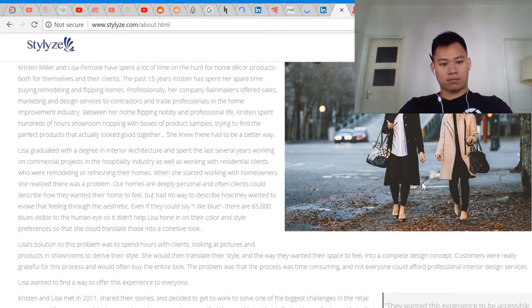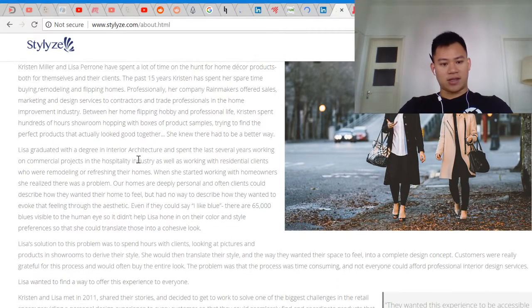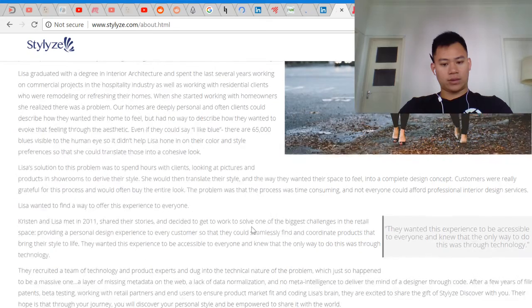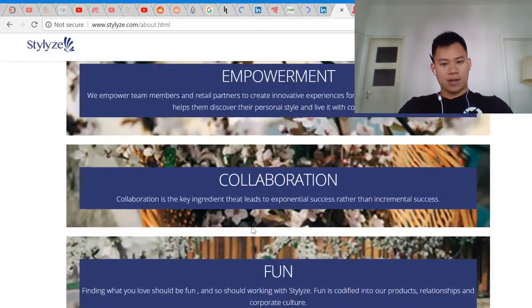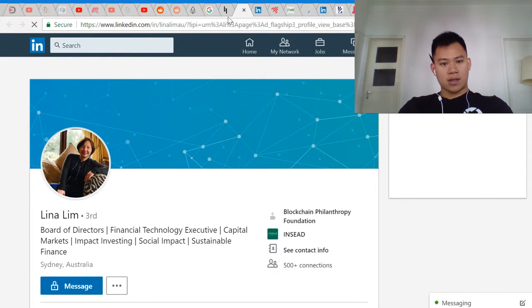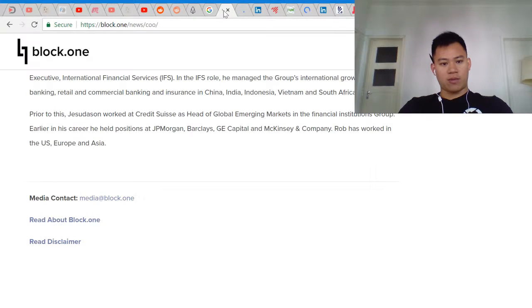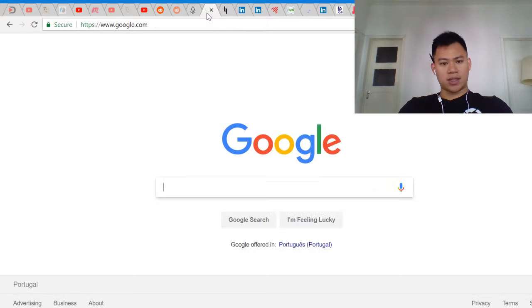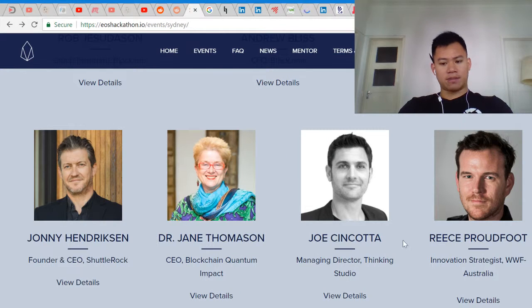So yeah, you can see interior architecture. So I don't know what to make of this judge. If you know any more about Joe Shikata, please let me know. But he's kind of got me stumped.